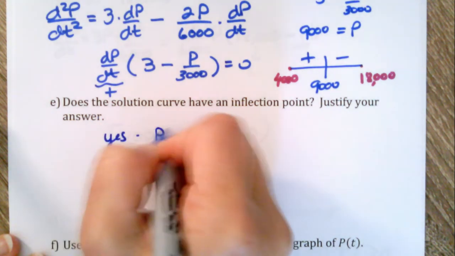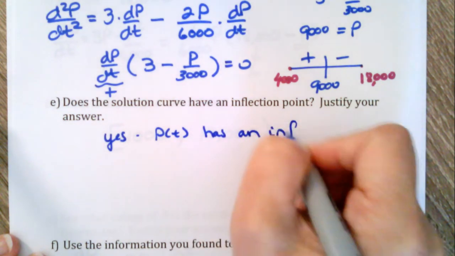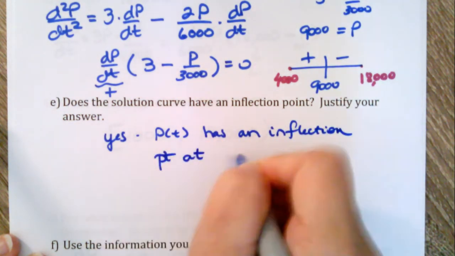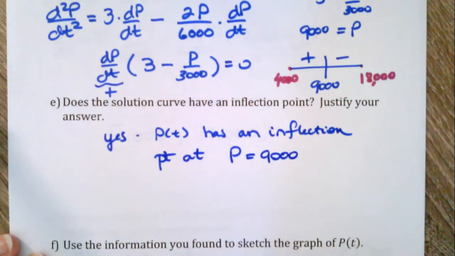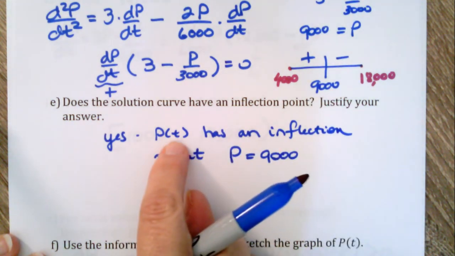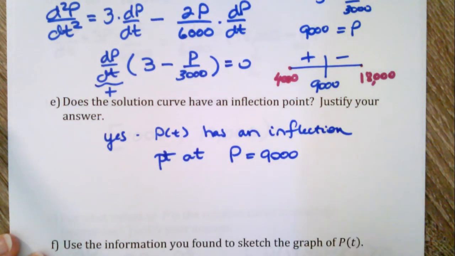So yes, P of t has an inflection point at P equal to 9,000. Now this is a little bit weird, because normally we are used to writing an independent variable, time, like t equal to some number of days or years.